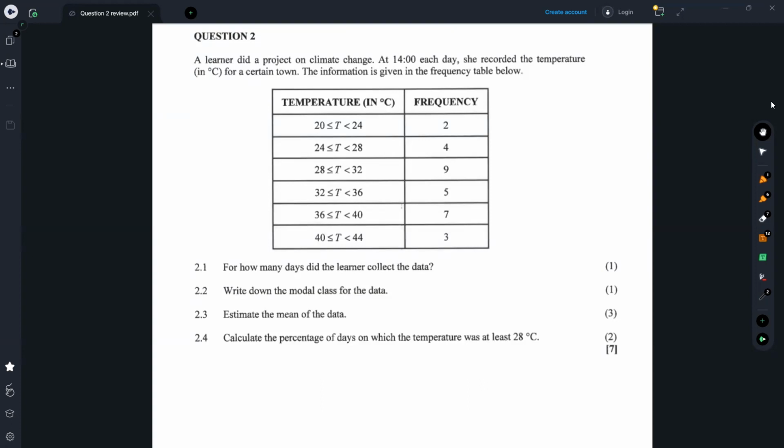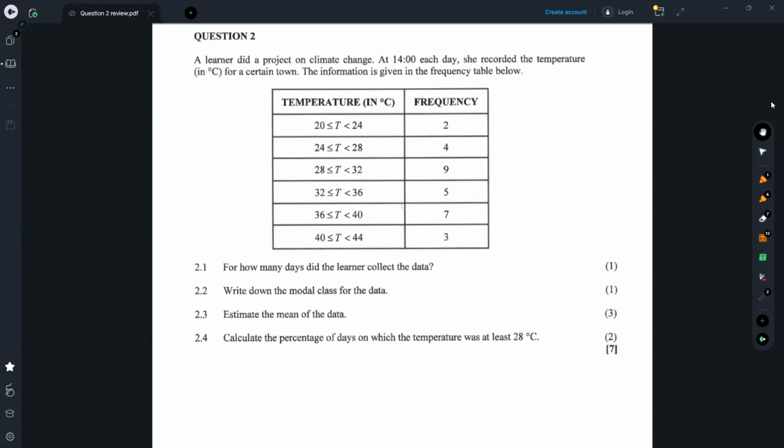So if we want to find out the number of days for which she has collected the data, we're going to sum up the frequency, right? Because remember that she recorded the temperature each day for a certain town. So if there's a recording between 20 and 24, that would be for each day.